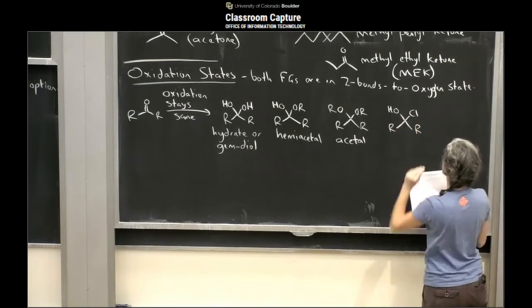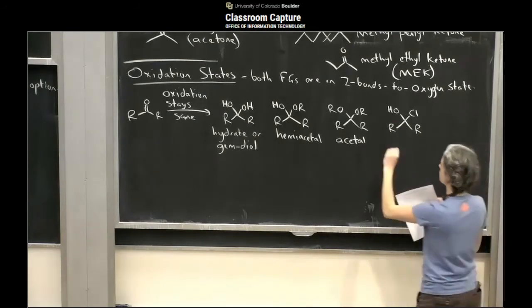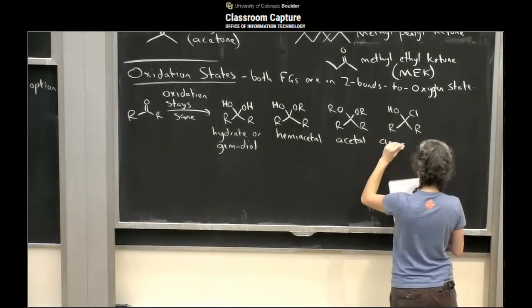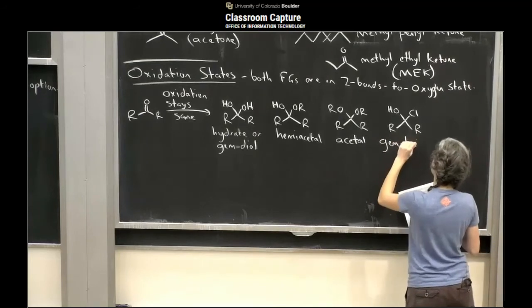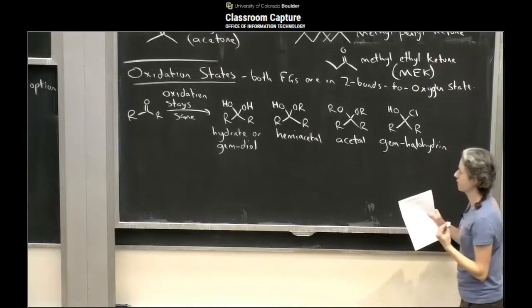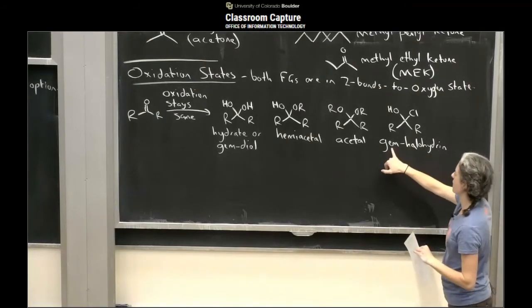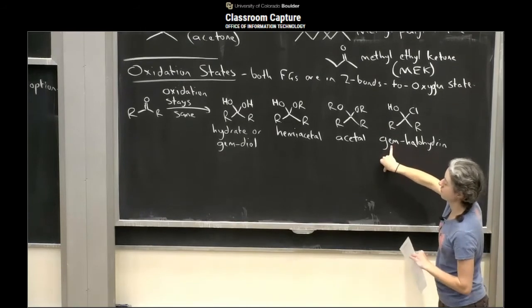This one's a little bit different because now they're coming off of the same carbon. So I didn't include this in the notes, but I guess technically you could clarify that this is a gem halohydrin. Okay, so I'll get to this in a second, but I guess I'll skip ahead and explain what that means. So gem is short for geminal.